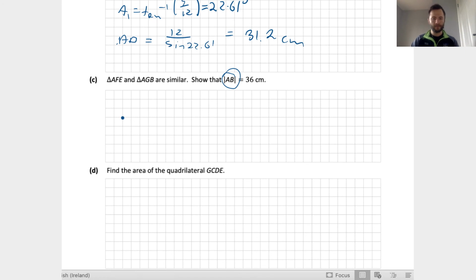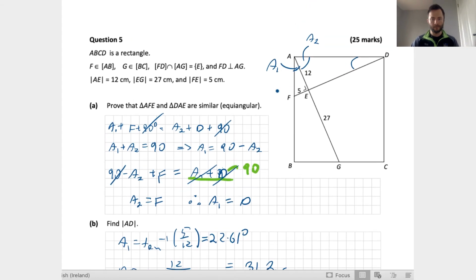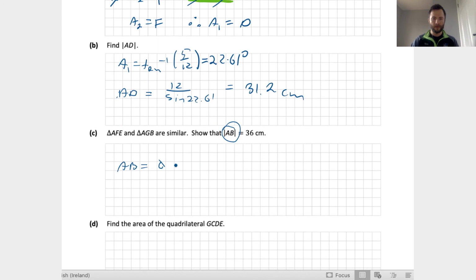So AB equals 39 multiplied by cos of 22.61 degrees, and that equals 36.